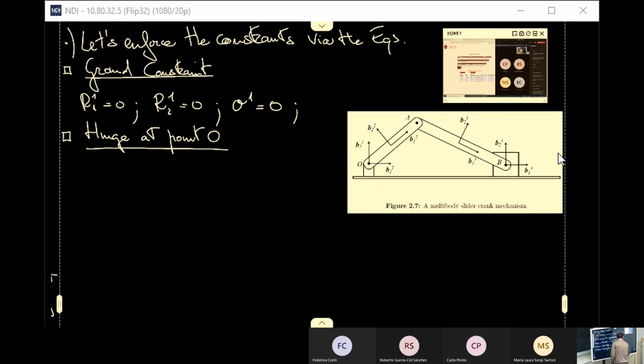We have to say that point O, when described with respect to body 1 and to body 2, has to be the same, right? So we can write it like this.